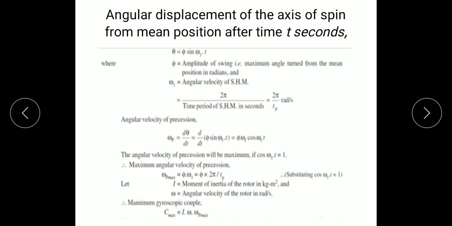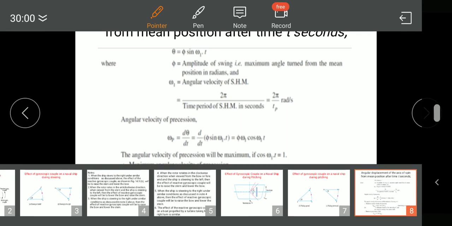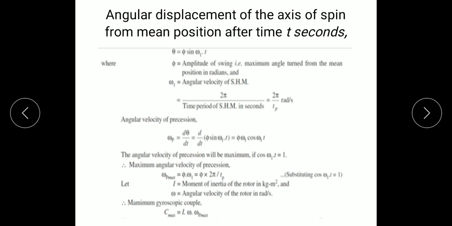So the maximum angular velocity of precession, omega p max, equals phi into omega 1, since cos omega 1 t equals 1. Here omega 1, we know, equals 2 pi by Tp.